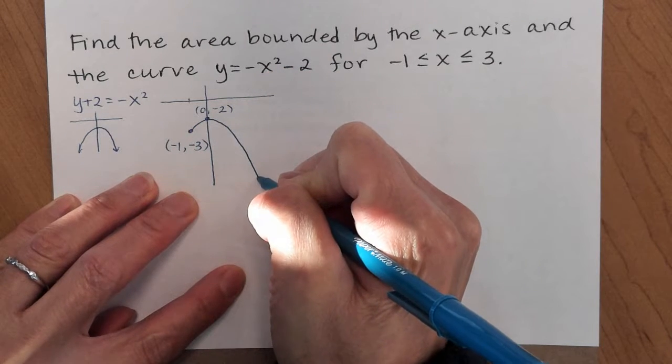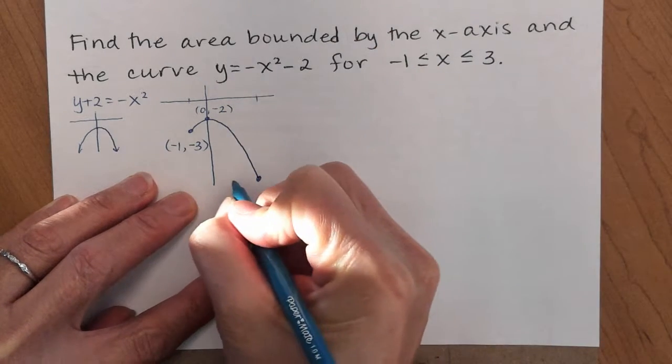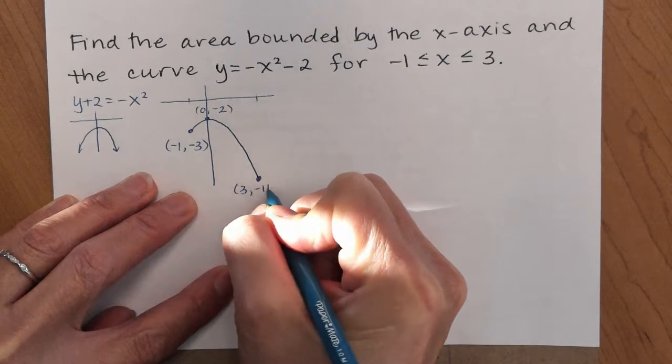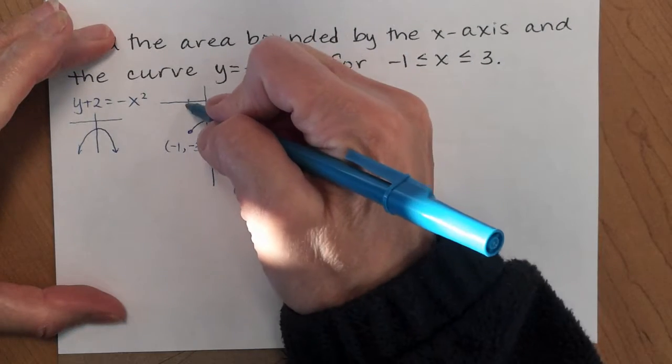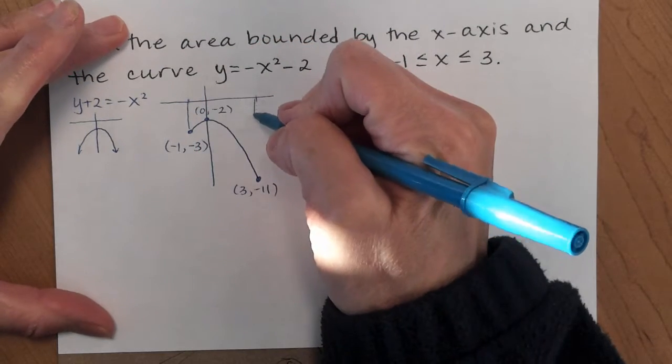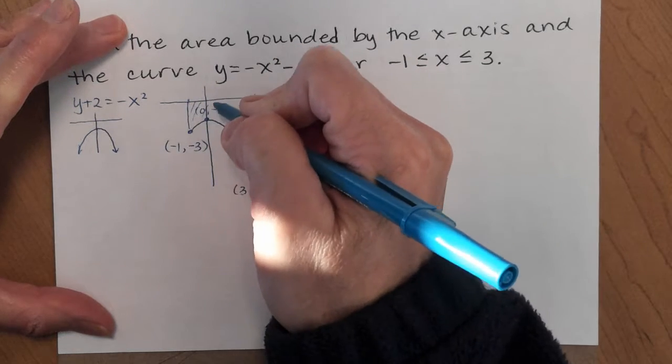So we're looking something like that. Let's say that is (3, -11). Okay, the area bounded by this curve and the x-axis between x is -1 and x is 3 is going to be this region right here.